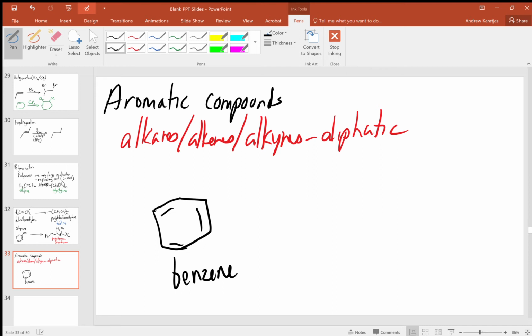Now, what makes aromatic compounds unique from most other functional groups is, for benzene, we can always draw a resonance structure.